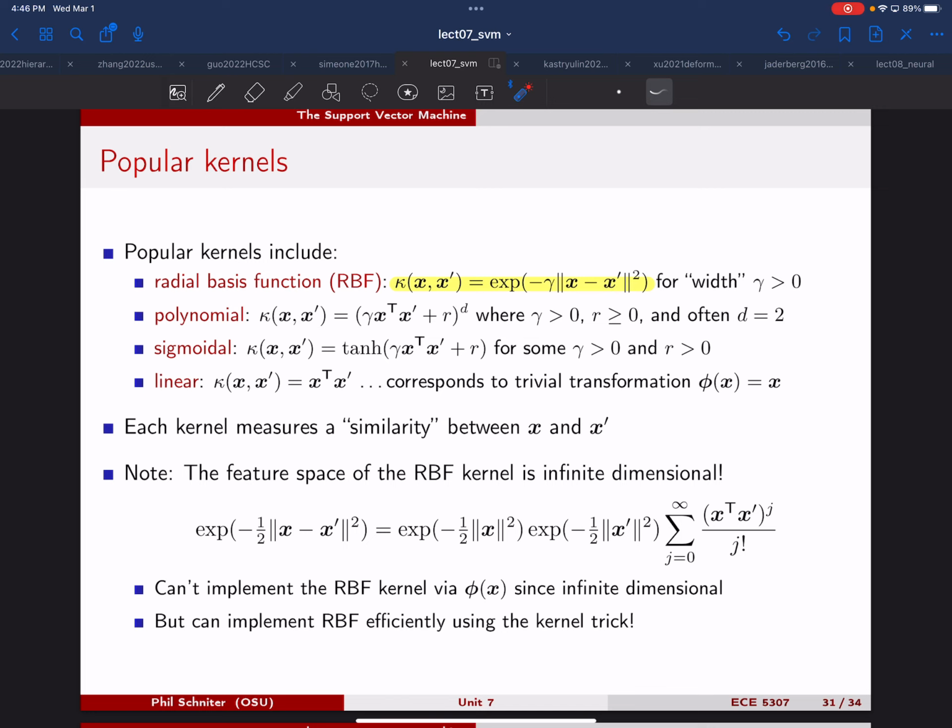Another one that's pretty popular is the polynomial. Here you take an inner product between your two raw feature vectors, and then you scale it, you shift it, and you take it to the dth power. D might be 2 or 3 or something. Another version is you take x transpose x prime and put that inside a hyperbolic tangent. And another option is if your kernel is just x transpose x prime, that's what we did before.